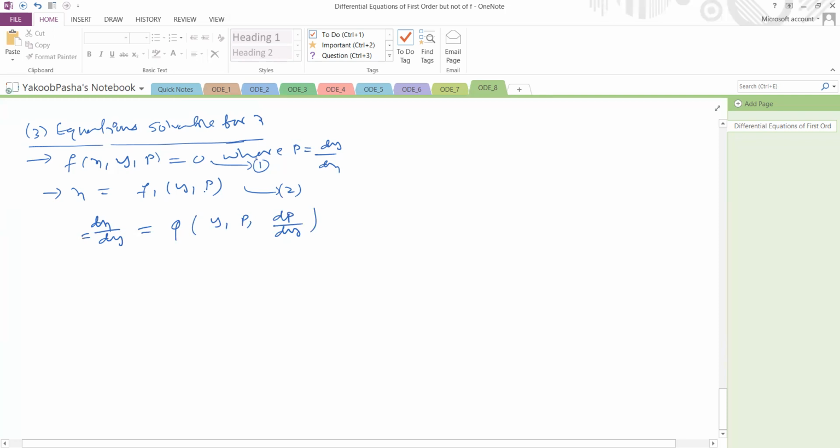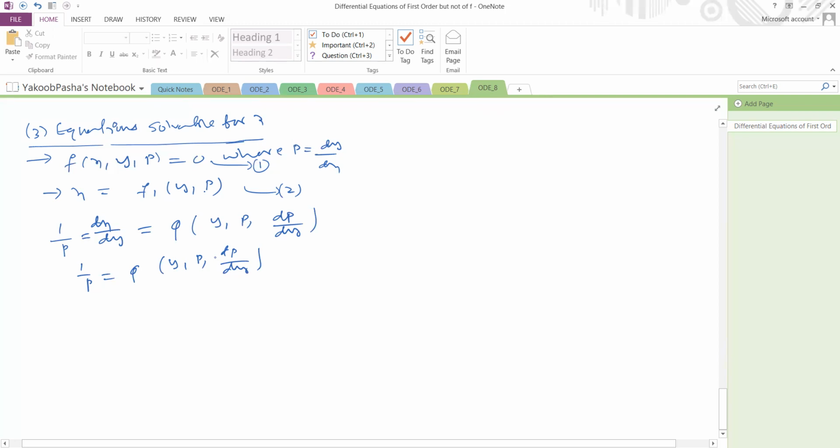Here we know that p is equal to dy by dx, so dx by dy is equal to 1 by p. Now solve this equation. 1 by p is equal to a function of y comma p comma dp by dy. By separation of variables, y dy terms on one side and p dp terms on the other side. After eliminating p, we get the required solution.